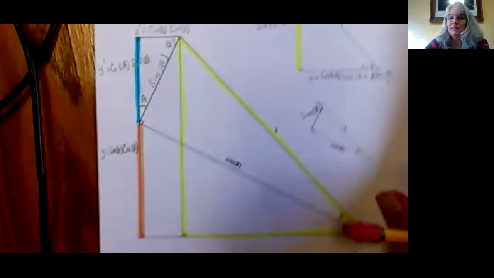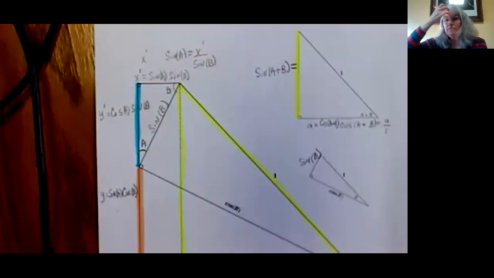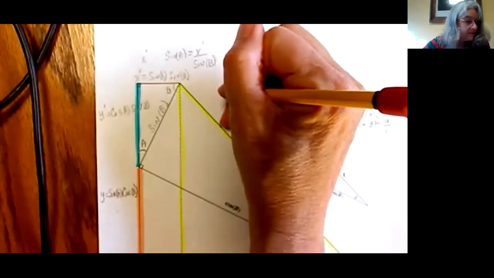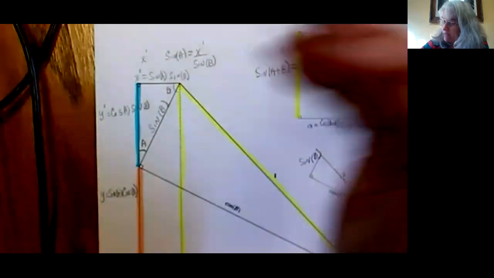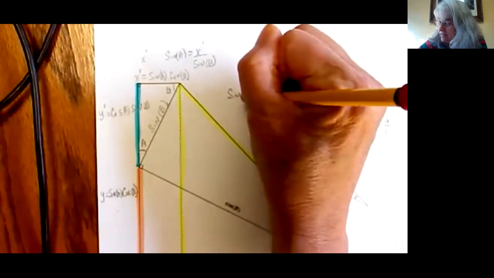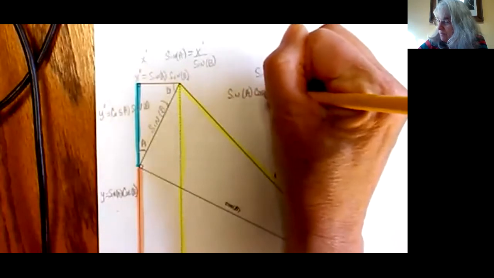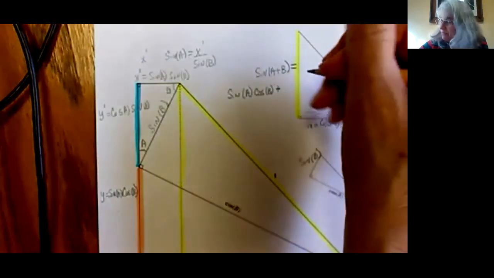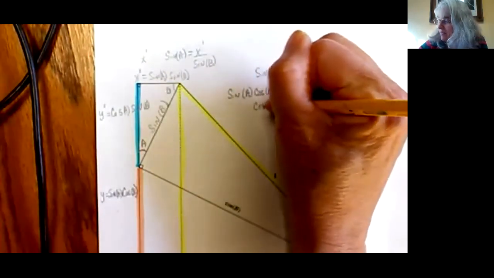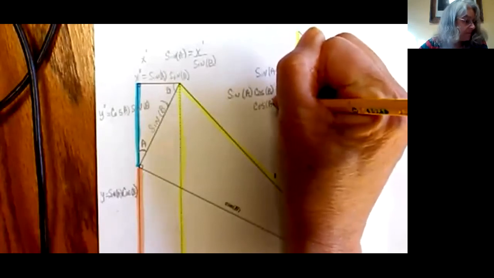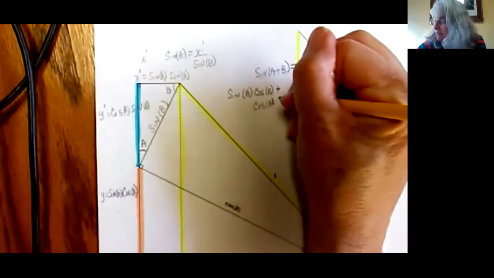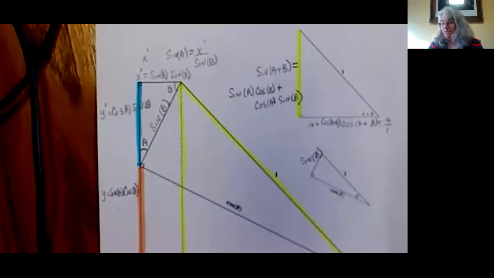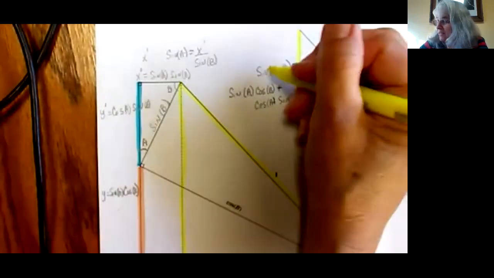So the sine of A plus B is going to equal this piece here, the sine of A times the cosine of B plus, in my room, cosine of A times the sine of B. Hey, that's one of your angle sum identities right there.